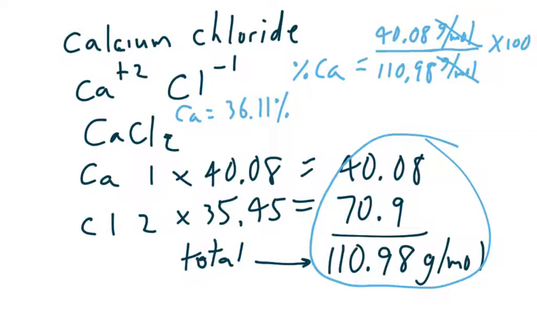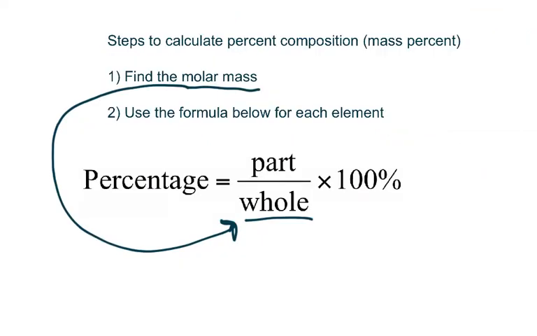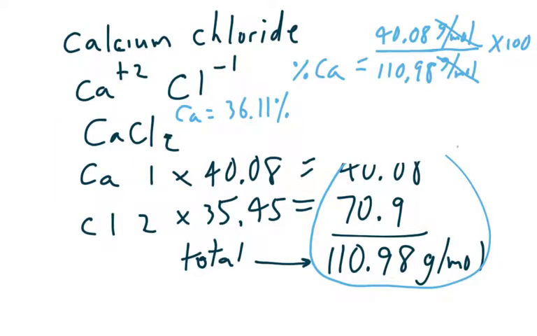All right, now let me make some space over here. Let me put these numbers here so we can see them clearly. Now, let's find the percentage of chlorine. It's going to be the same thing. The part of chlorine is 70.9, and you know it's going to be grams per mole. Units will eventually cancel.